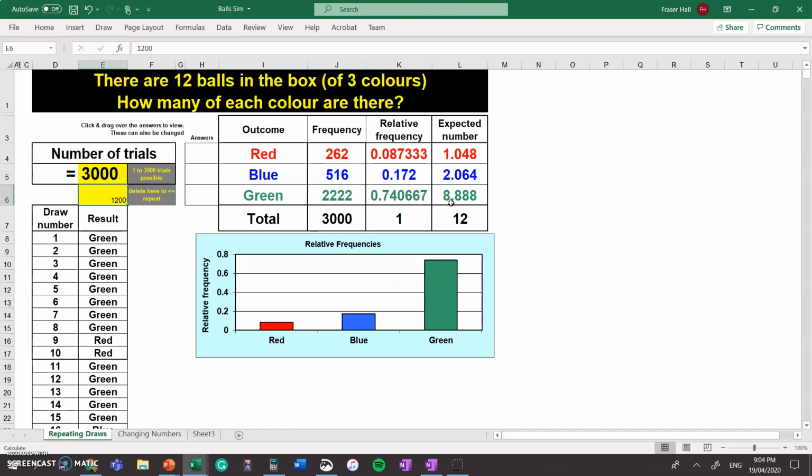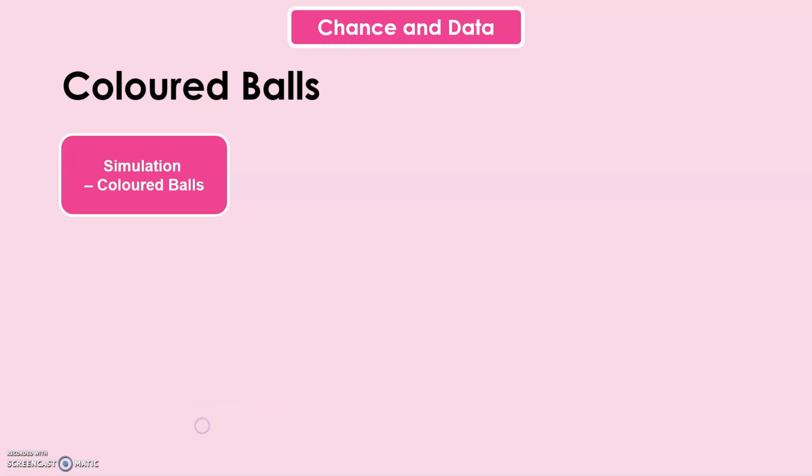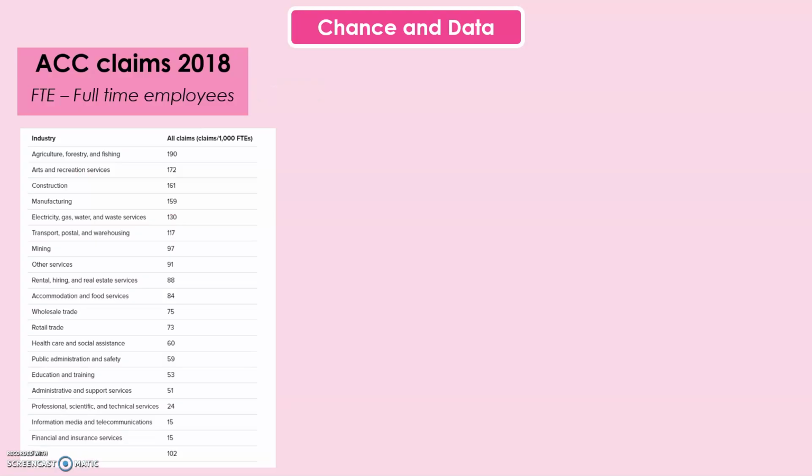And this is what we do with things where we have no idea what the probability or the outcome is. So this is really important. An example that we've got is looking at ACC claims.